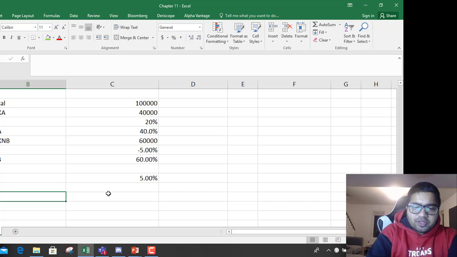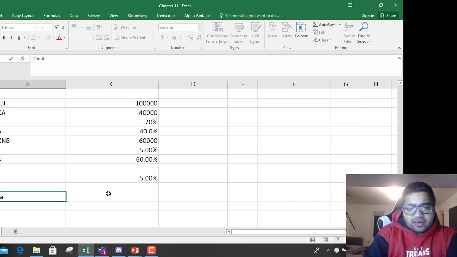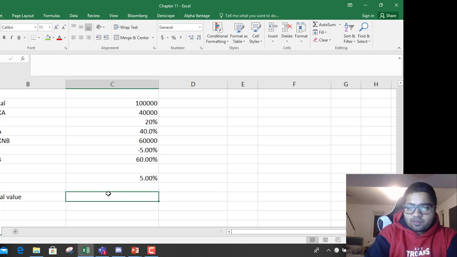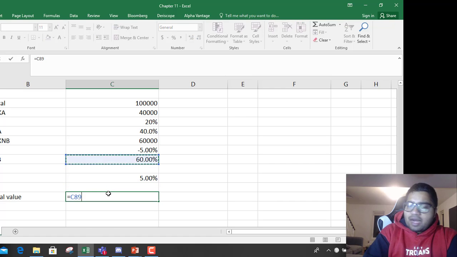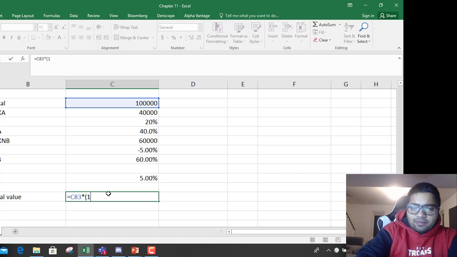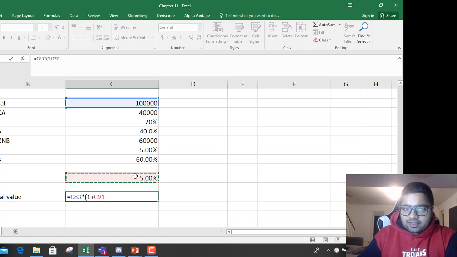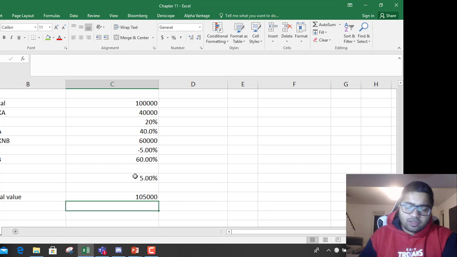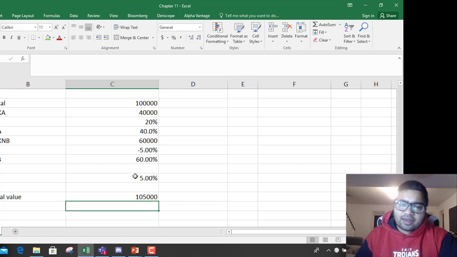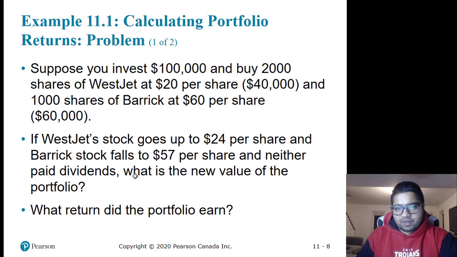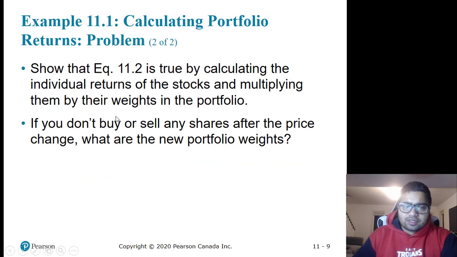So how much will be your final portfolio value? Final value of portfolio. So you had 100 grand in the portfolio. It grew by 1 plus 5%. So your portfolio value will be 105 grand. Okay. So this is how you do it.